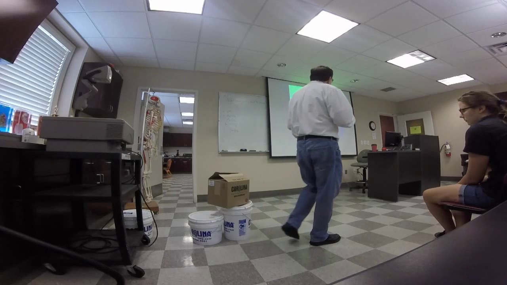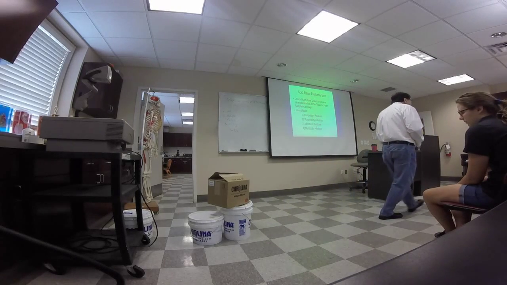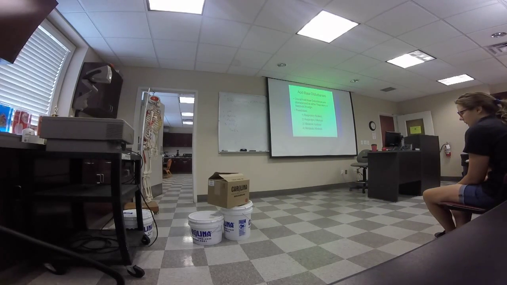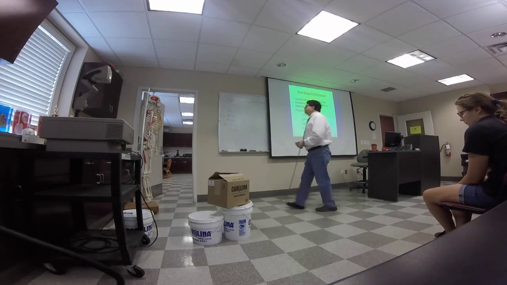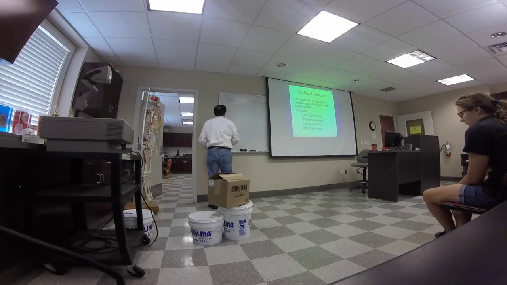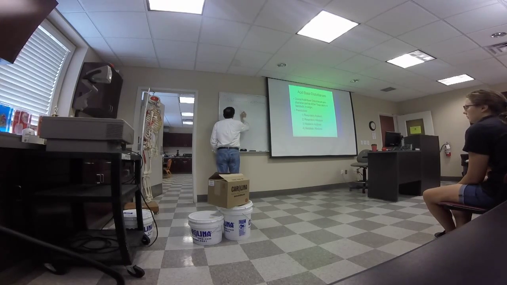So if it falls outside of range, it's either a primary acidosis or a primary alkalosis. Step two, we look at the CO2. Let's suppose someone has a pH of 7.25. We're going to call that a primary acidosis.